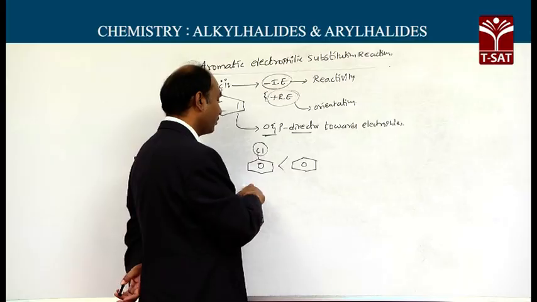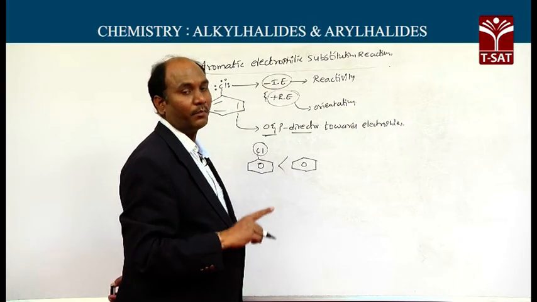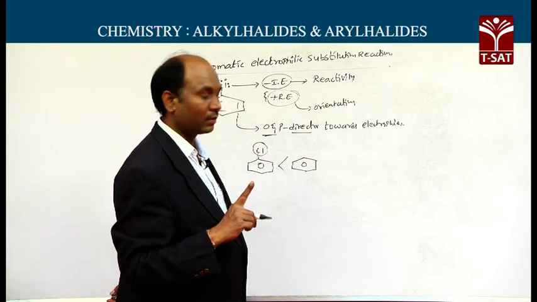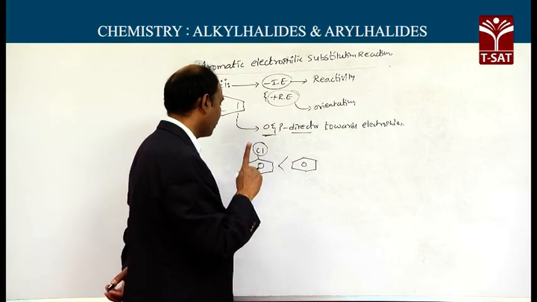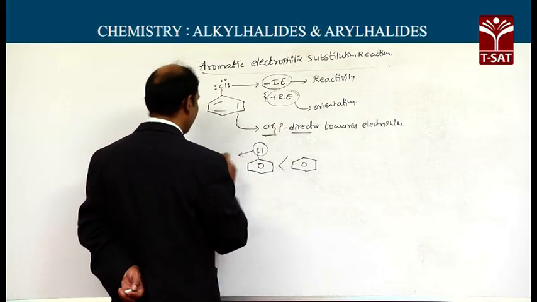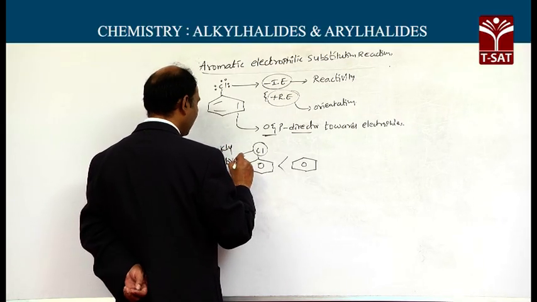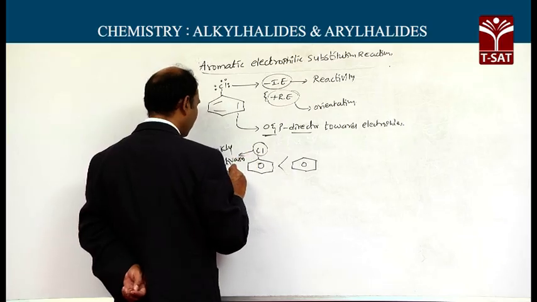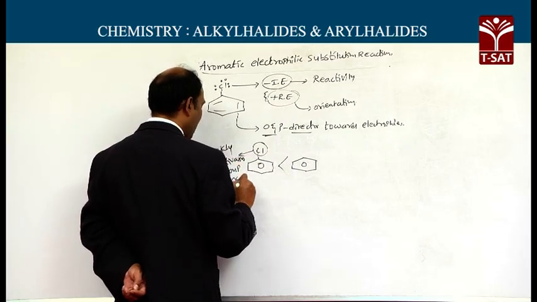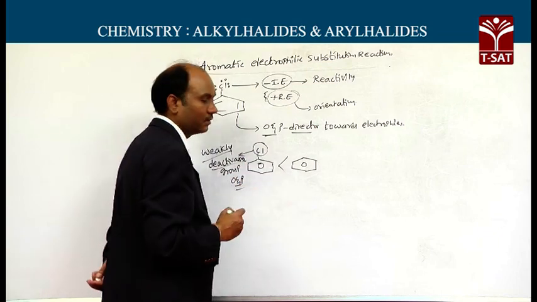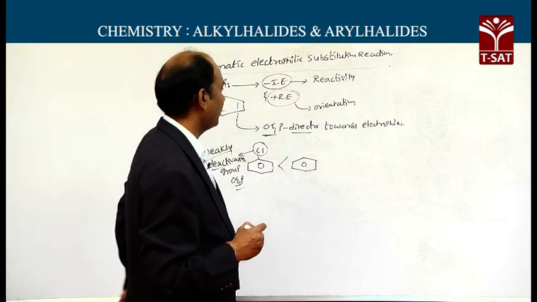So it is less reactive when compared to benzene. Chlorobenzene is less reactive towards electrophilic substitution reaction when compared to benzene. This Cl is called a weakly deactivating group, but it is an ortho para director.